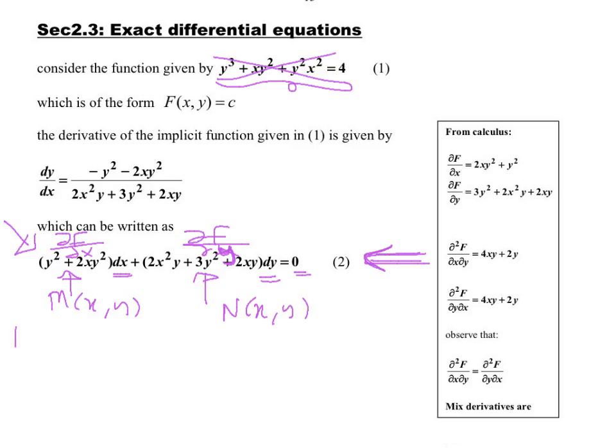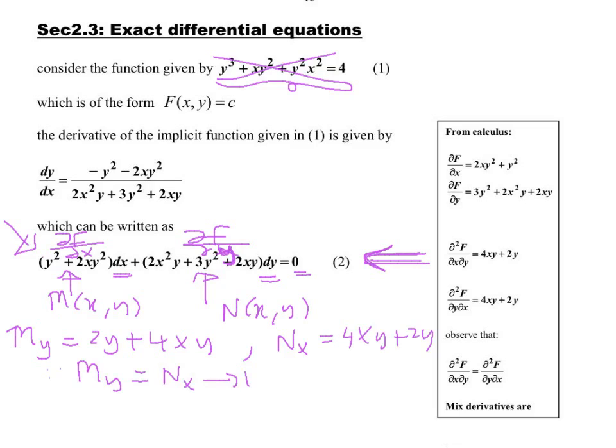We should start by checking exactness. My is 2y. We have already seen how to check exactness before. And Nx is 4xy plus 2y. Since My is equal to Nx, we say the differential equation is exact.